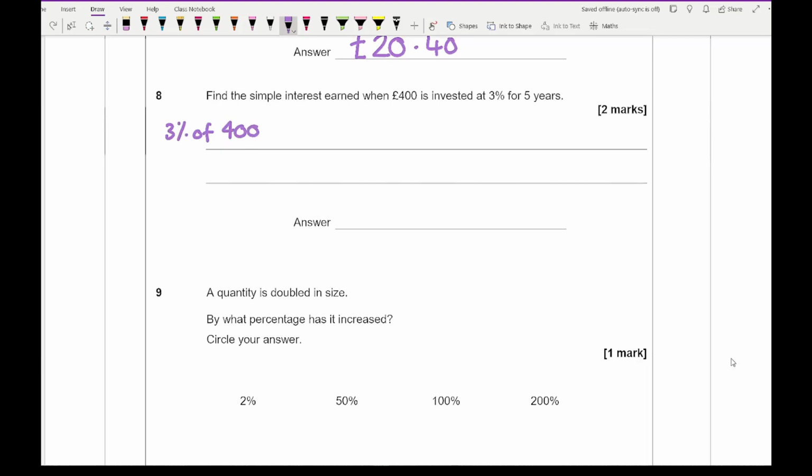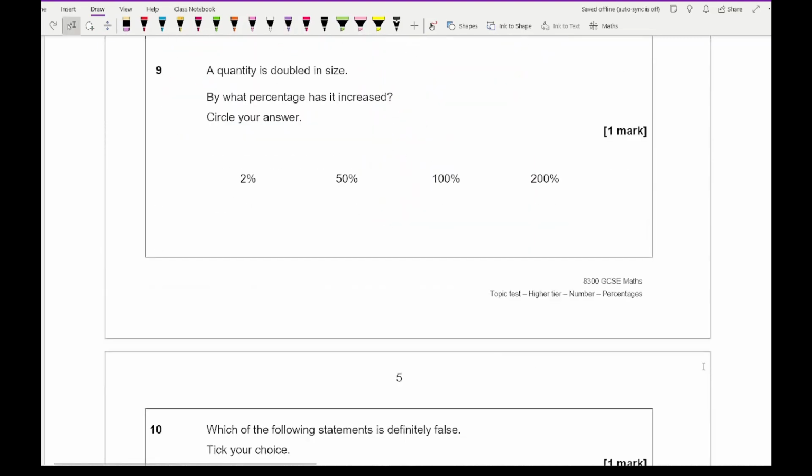Well, 1% is going to equal 4. So therefore 3% is going to be 3 times that, which is £12. And then we're going for 5 years, so it's going to be £12 multiplied by 5, which gives me an answer of £60.